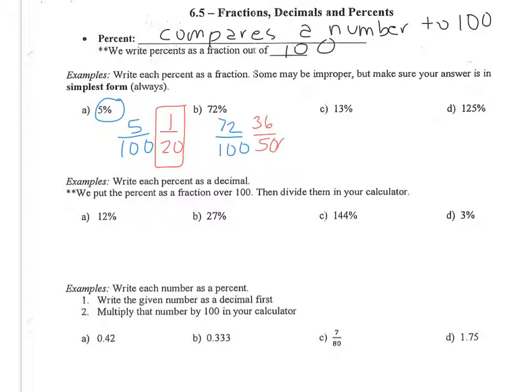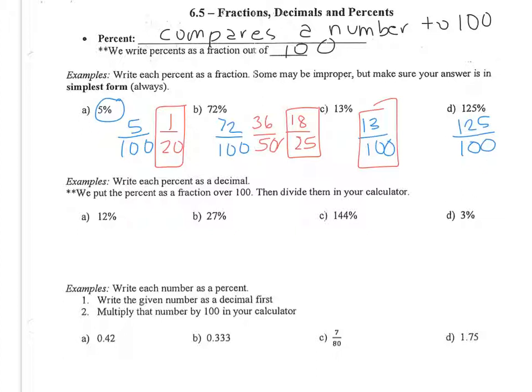But then I could divide by 2 again, and it's 18 over 25. 13% out of 100 does not reduce. So that's my answer. And 125% is 125 divided by 100. And that reduces. So I can divide them both by 5 and get 7 out of 20.